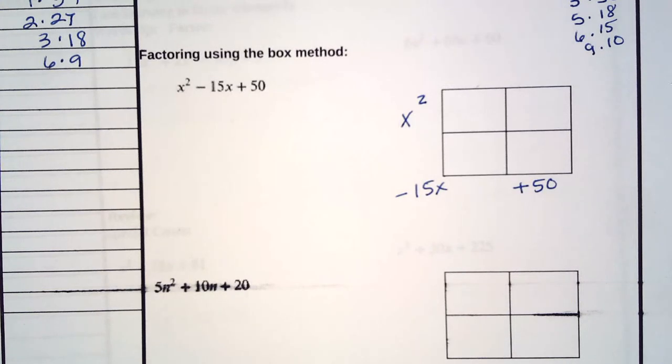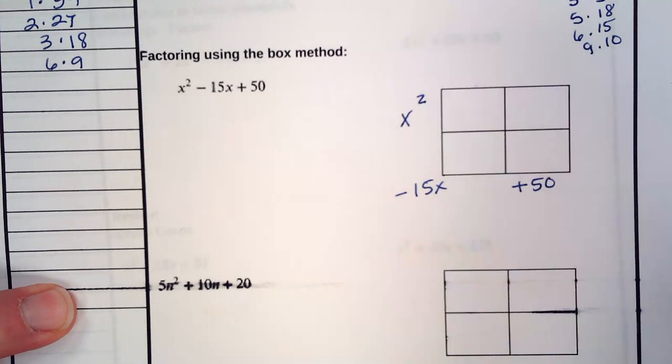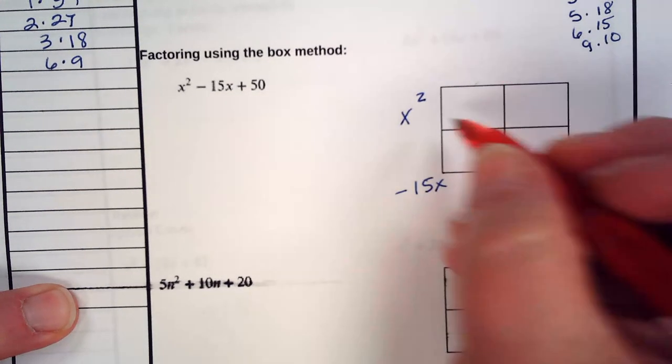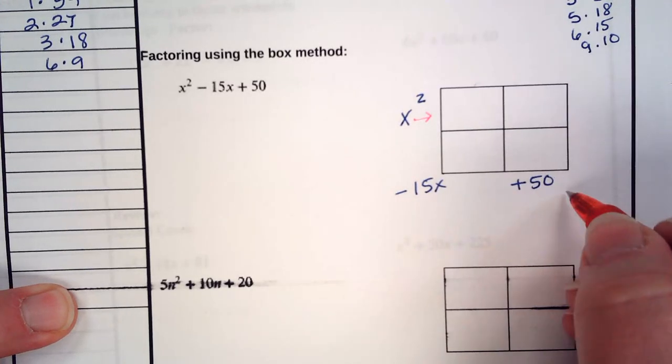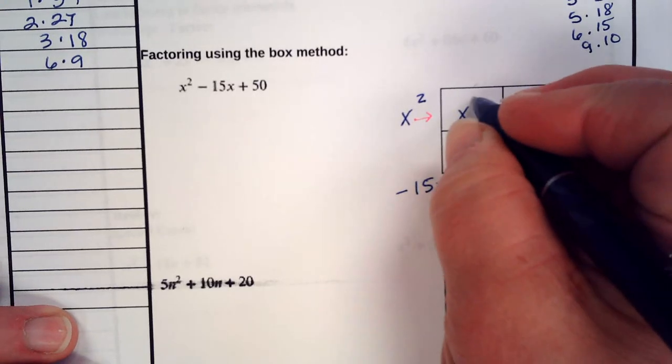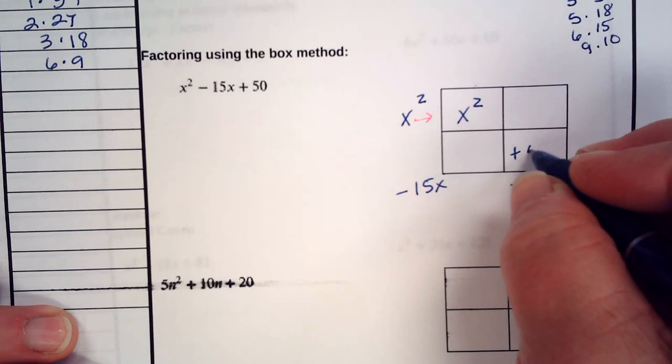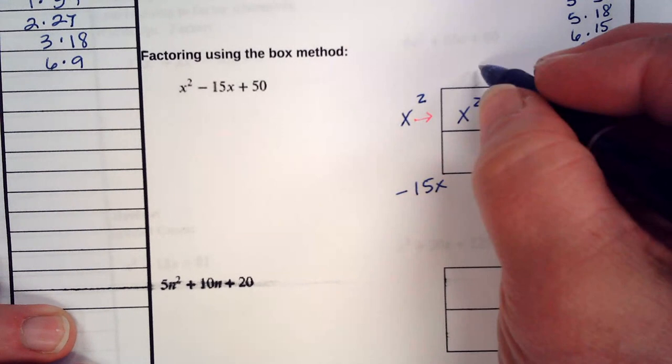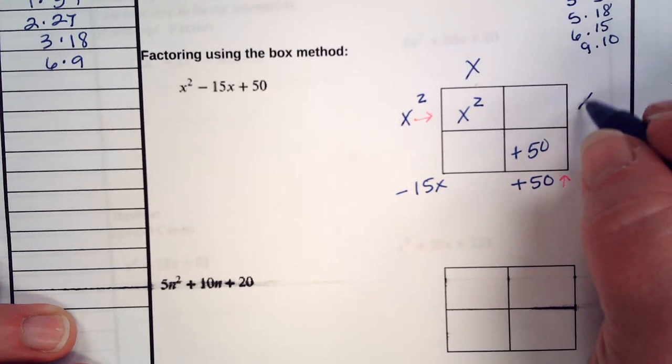The two numbers we can put in our box right away will be the x squared and the 50. So I know I start with x and with x.